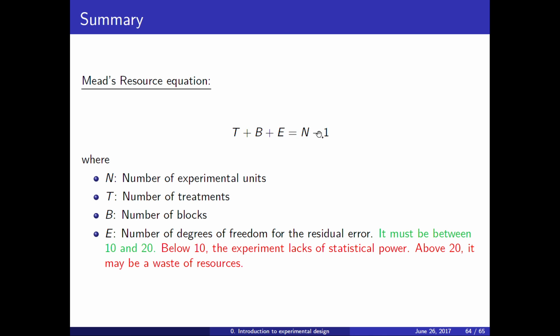It is recommended that these degrees of freedom be somewhere between 10 and 20. Overall, this is a way of having a ballpark sample size calculation, but it is not the way it should be done.